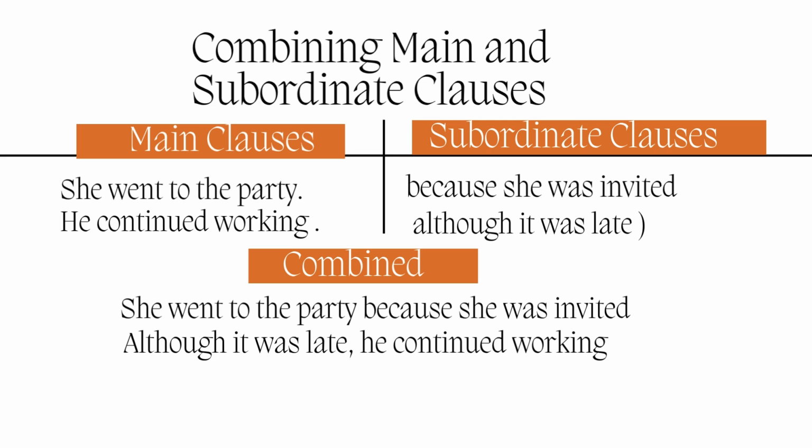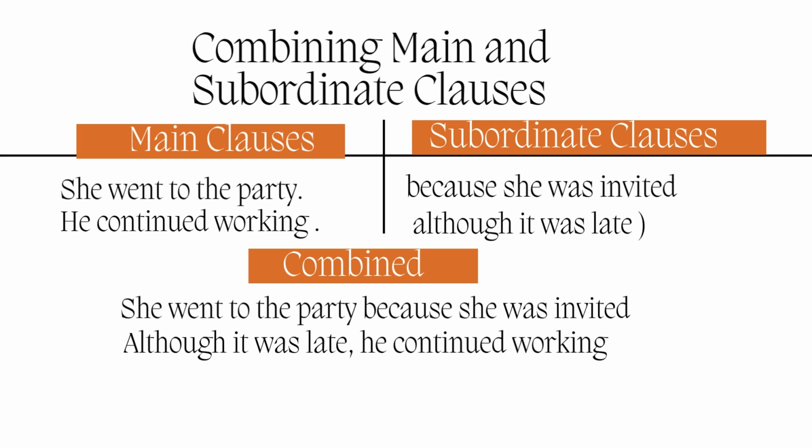We have seen examples of main clauses, we have seen examples of subordinate clauses, and we have equally seen that subordinate clauses cannot stand alone. They depend on the main clause for their meaning, right? Now, how do the main clauses support the subordinate clauses? That's what we're going to find out. Let's see how that works.